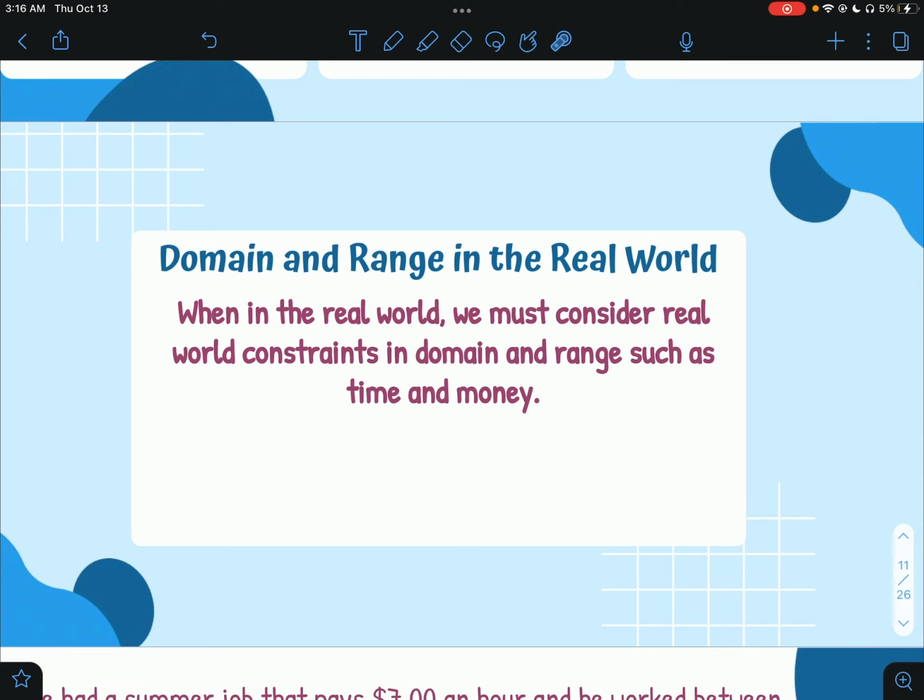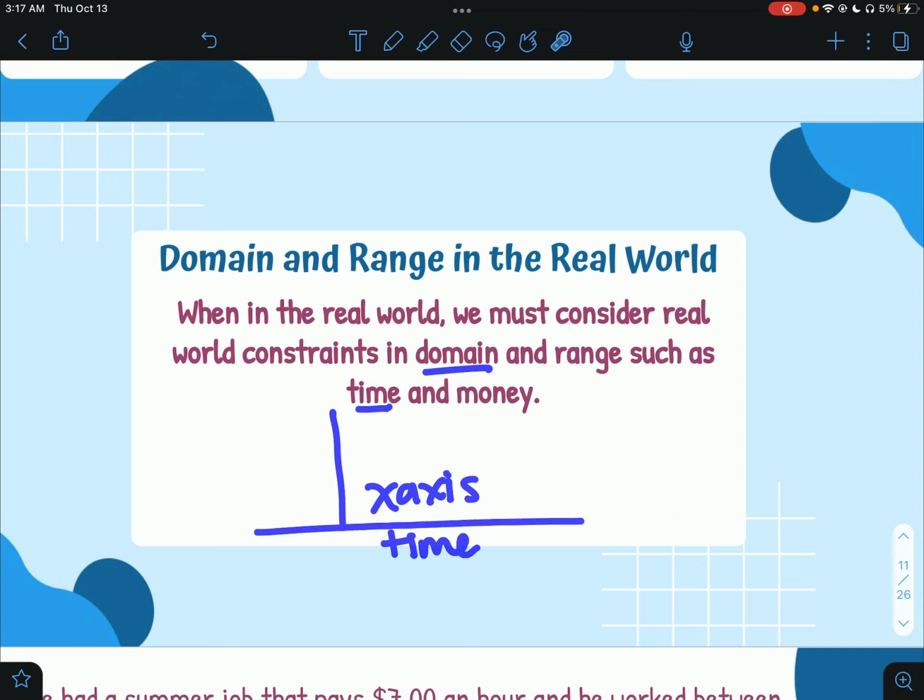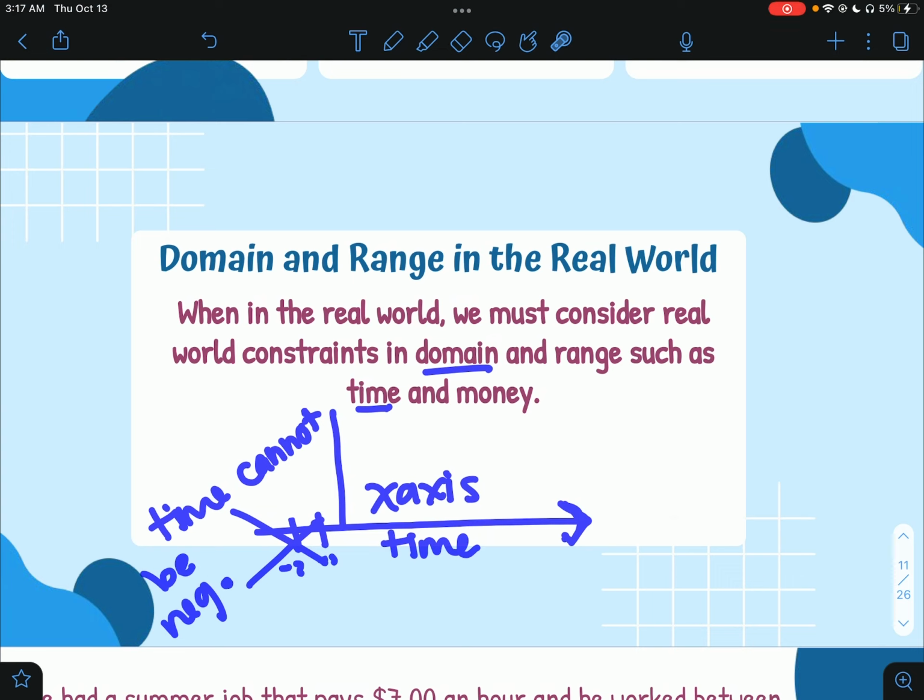For example, if your domain or your x-axis represents time, we would have some constraints on that x-axis, being that time cannot be negative. You cannot have a negative time. You cannot go back in time.